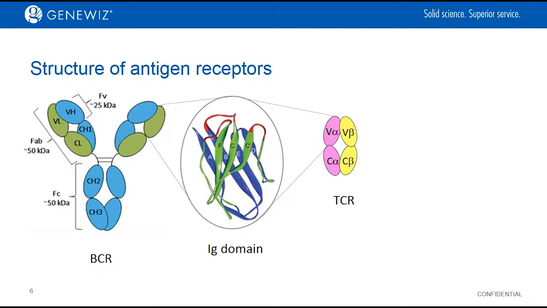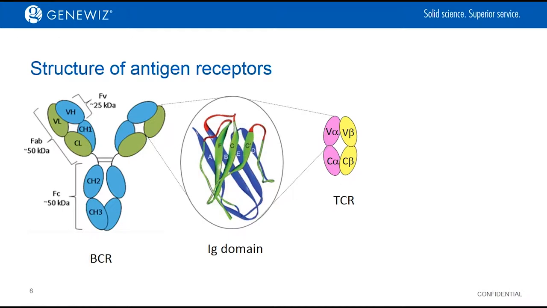Here you see the representations of B cell receptors, BCRs, and T cell receptors, TCRs, consisting of uniform structural blocks. Each block is represented by an immunoglobulin or Ig domain. Ig domains consist of antiparallel beta sheets.